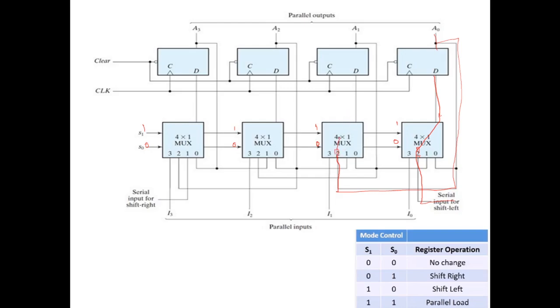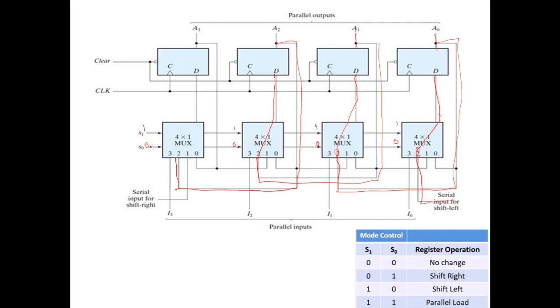So this input appears at the D input, and that is the output of this flip flop, and it is connected to the third input of the next multiplexer. And when it is 1 0, it is the input to the next flip flop, and this output is connected to the input of the next multiplexer.